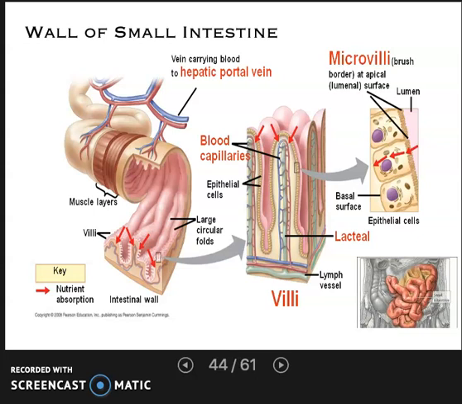Remember, we've had similar terminology to talk about extension. Remember, there's the dermal papillae. Villi are these multiple finger-like extensions that are the functional unit, so to speak, for the interior of the small intestine. Now, they are made up of simple epithelium.